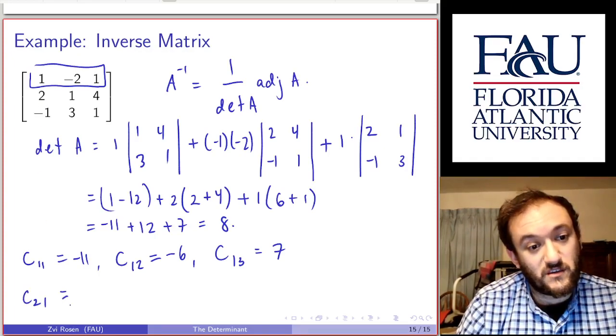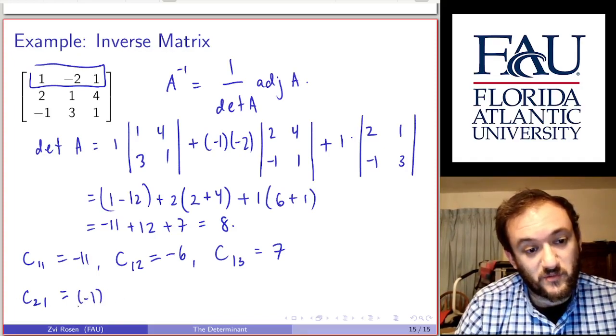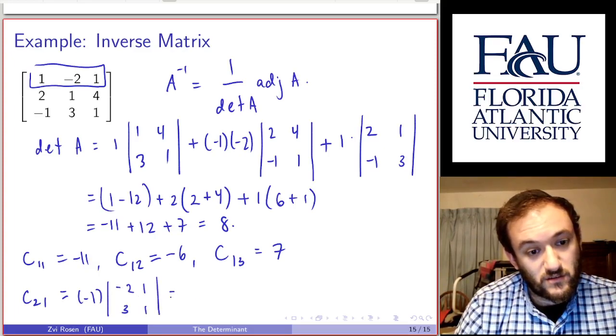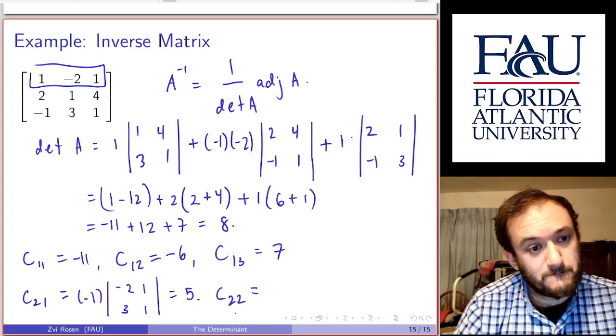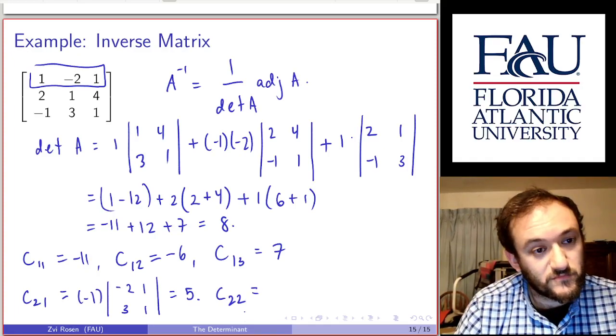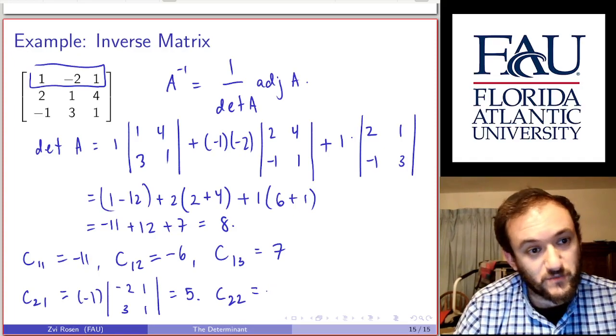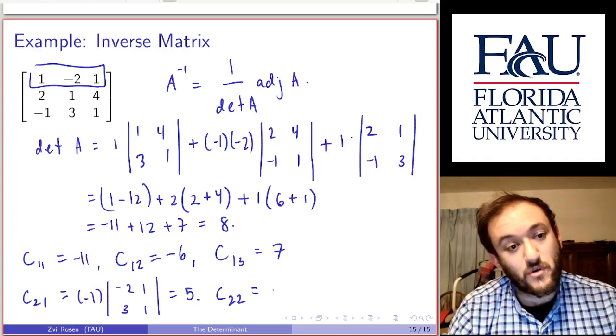Okay. Now we need C21. This is going to be -1 because we pick up a factor of -1 times this determinant, which is -2, 1, 3, 1. And that is -2 minus 3, which is -5. So this becomes +5. C22 is, we get no factor of -1 because it adds up to 4.